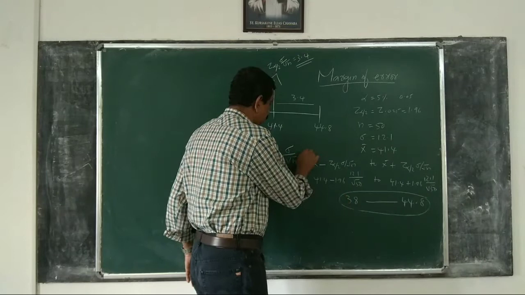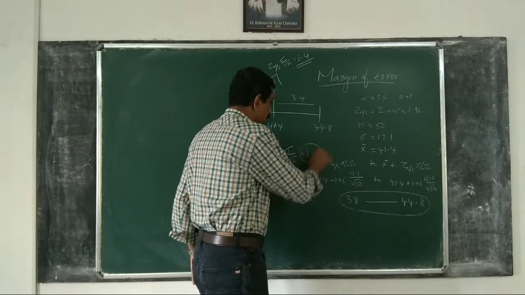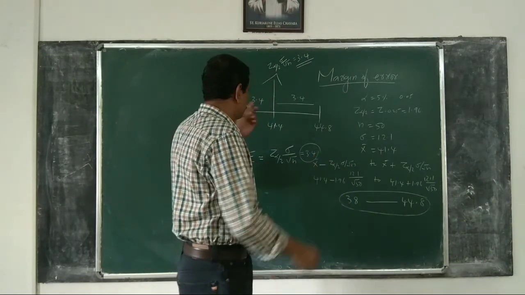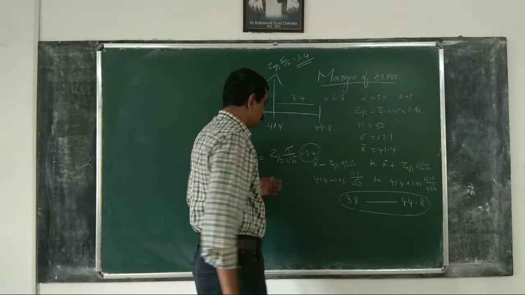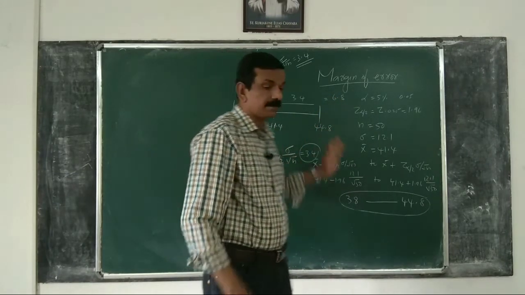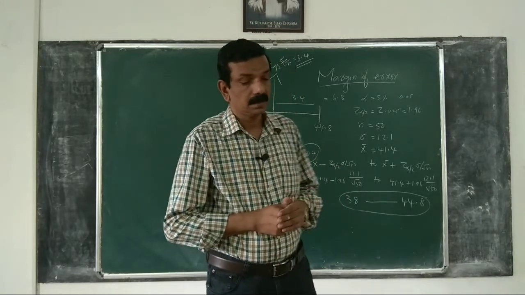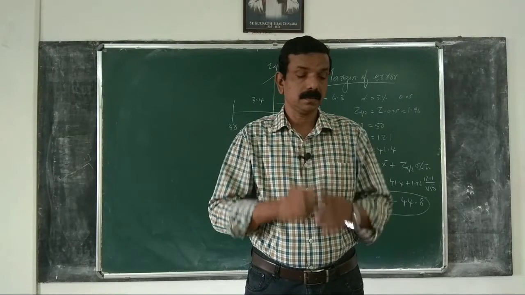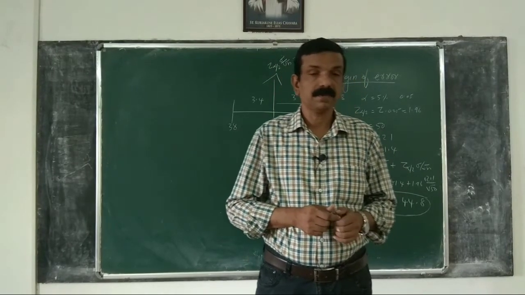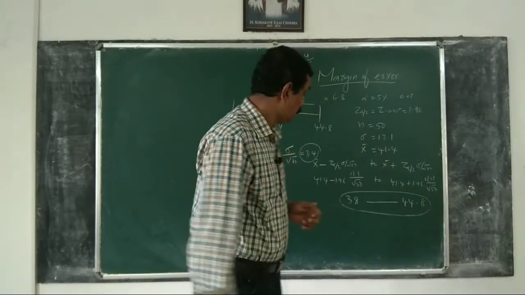In our example, it is 3.4. The width of the confidence interval is 6.8. So half of the width of the confidence interval is E, and this quantity E is known as the margin of error.